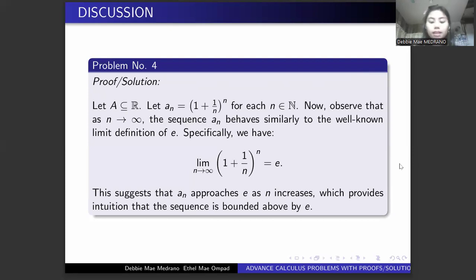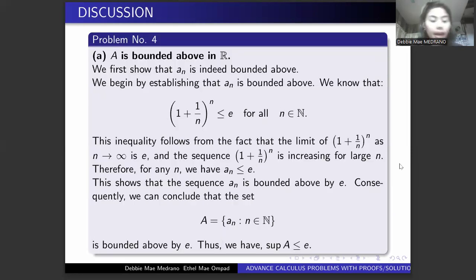This means that a sub n approaches e as n increases, which provides the intuition that the sequence is bounded above by e. It is bounded above by e simply because as n increases, the sequence is approaching e. And so A is bounded above in R.